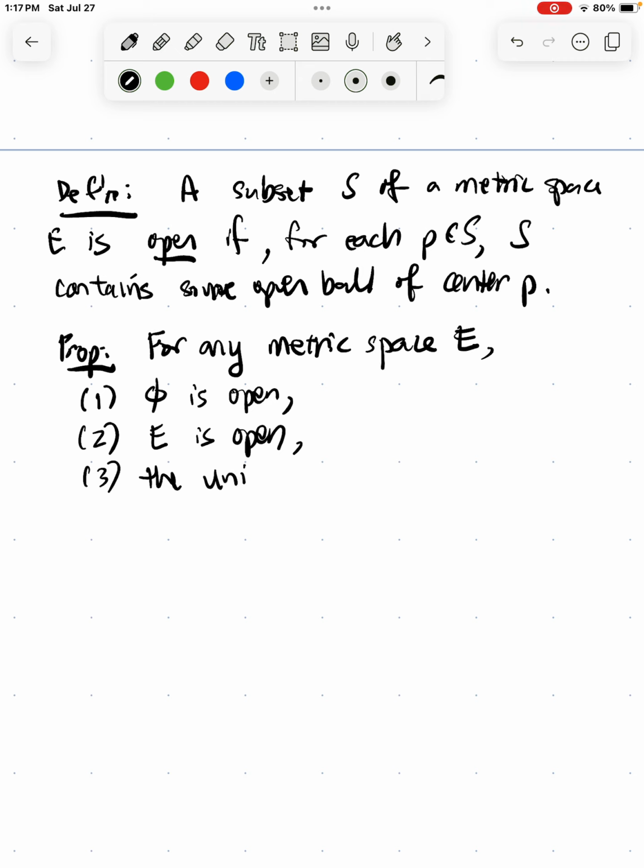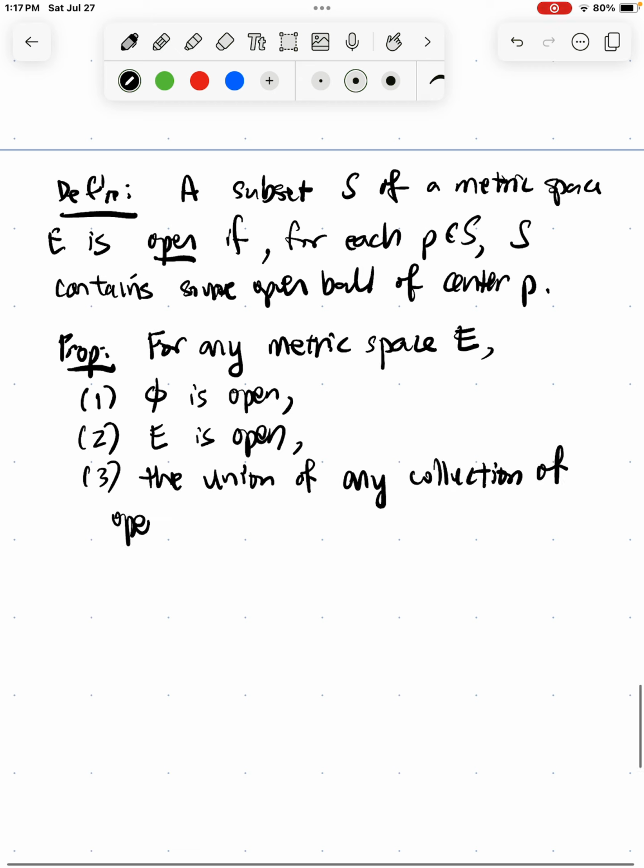The union of any collection of open subsets of E is open.